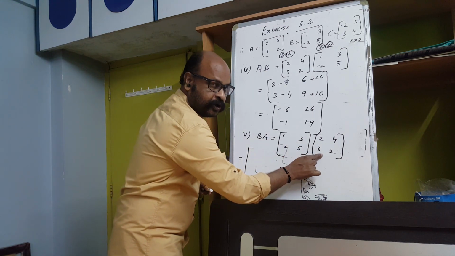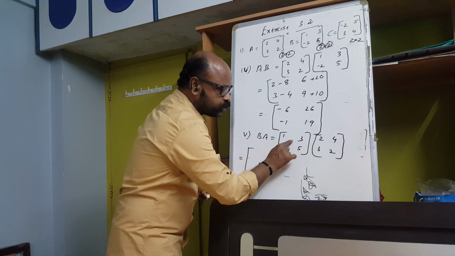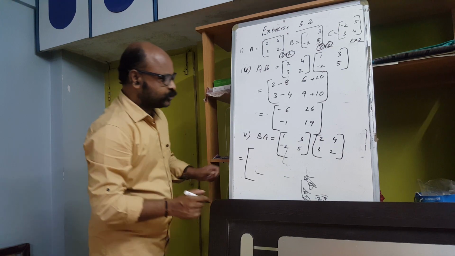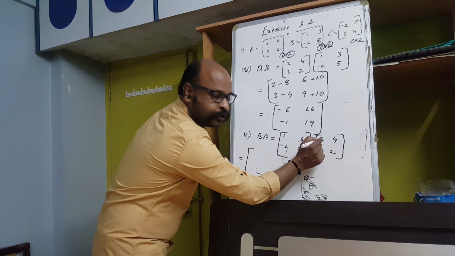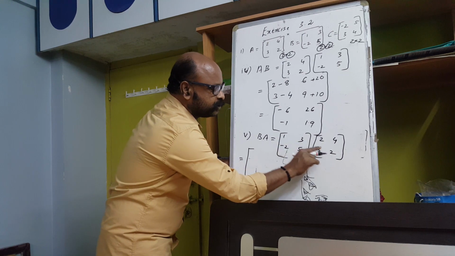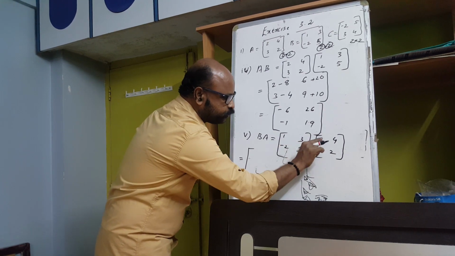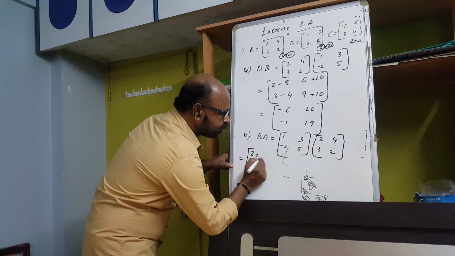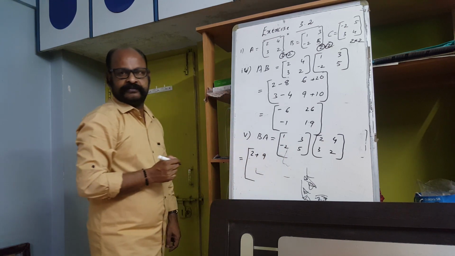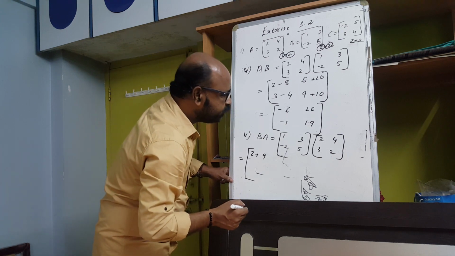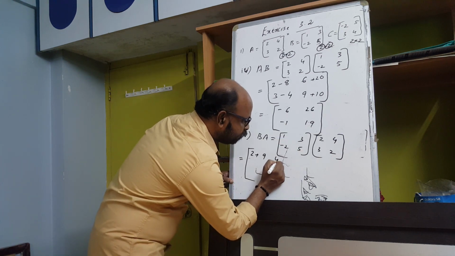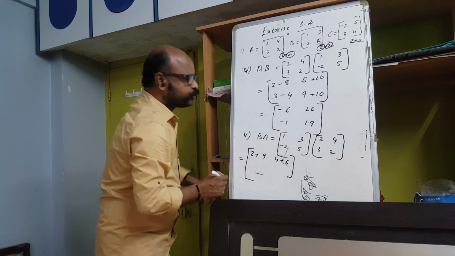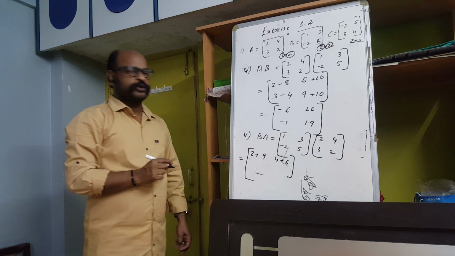First row, first column gives the first element; first row, second column gives the second element. So 1 into 2, 2, plus 3 into 3, 9. Then 1 into 4, 4, plus 3 into 2, 6. Minus 2. So this way the first row is completed.